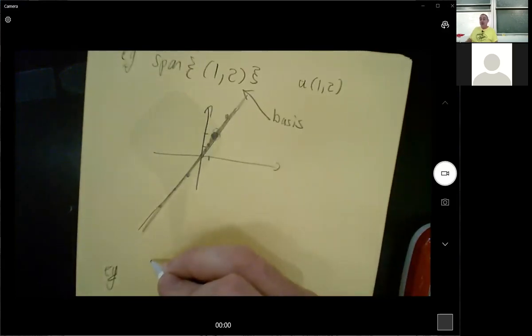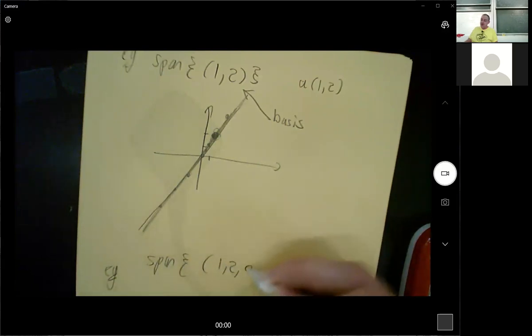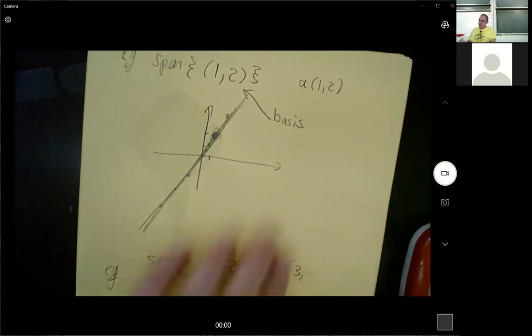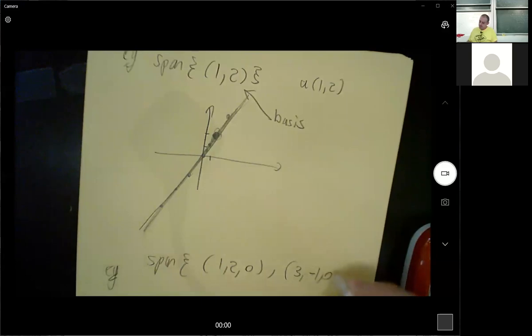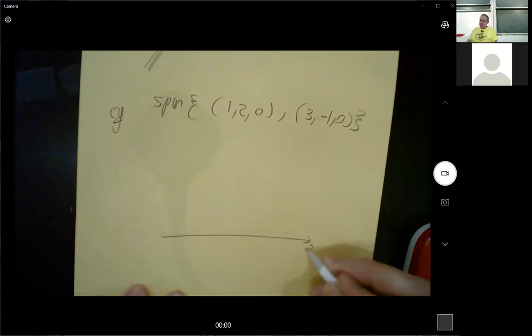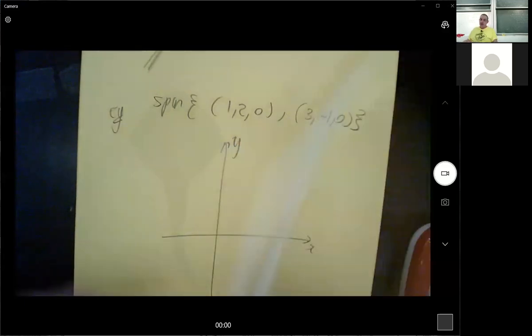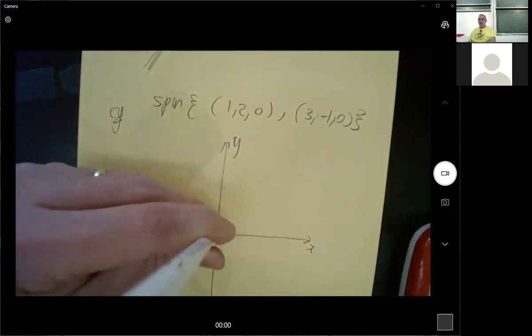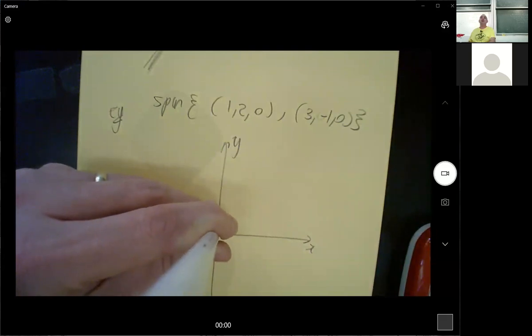So if I'm going to span two things, I'm going to be in 3D now. So in 3D, I could have an x-axis and a y-axis and a z-axis pointing upwards from my page.